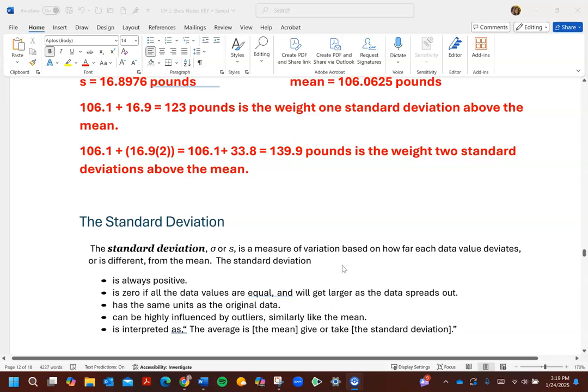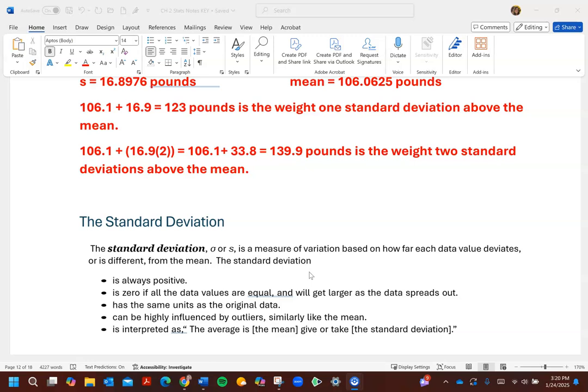Standard deviation, here are some more definitions and key things about that. It's a variation based on how far each data value deviates or is different from the mean. It's always positive. Sometimes we subtract it off to get a lower score than the mean, or sometimes we add it on, but the standard deviation itself is always positive.